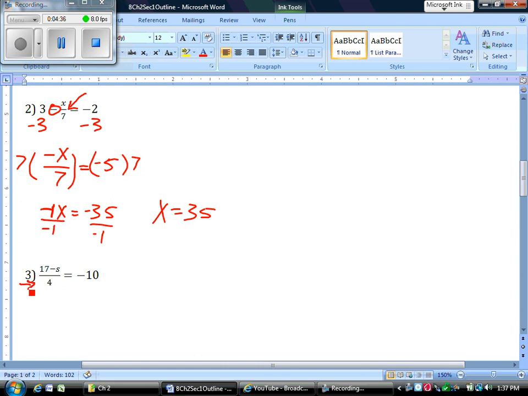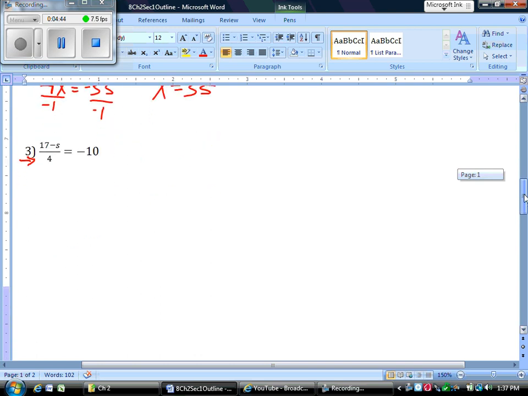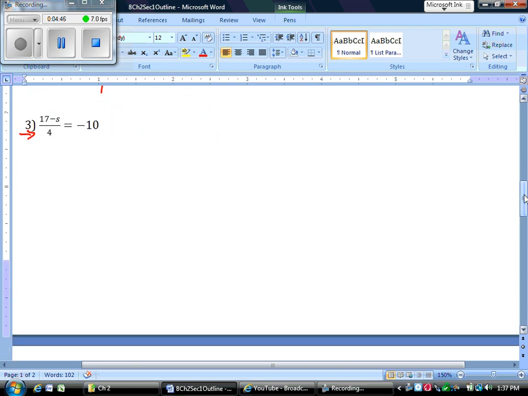And here the 4 is underneath everything. This is the one case where we're not going to do the order of operations backwards. Before we can start to get rid of addition and subtraction, we have to get rid of this denominator. When it's underneath the entire equation, we have to get rid of this first. It's being divided, so just like in number 2, we have to multiply by 4 on both sides.